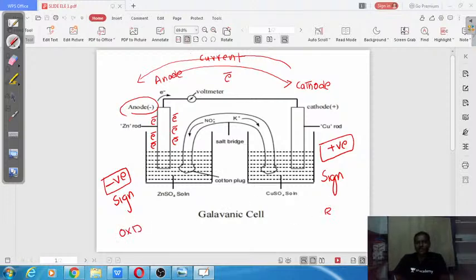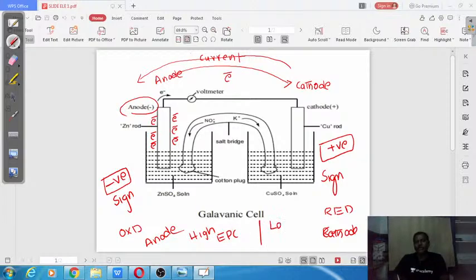Oxidation takes place at the left hand side cell, and reduction takes place at the right hand side cell. The left hand side cell is considered the anode, and the right hand side cell is considered the cathode. Generally, elements having high electropositive character act as the anode.